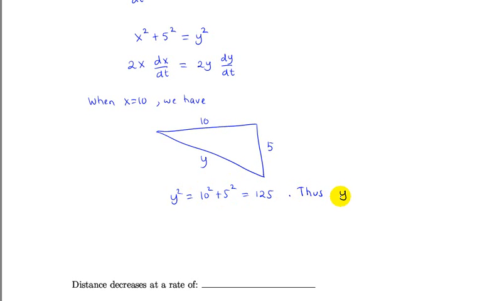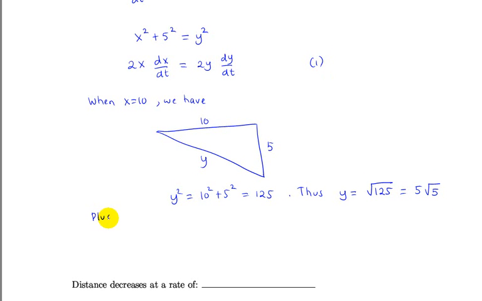Thus, y is equal to the positive solution to this. So square root of 125, which is 5 times square root of 5. Okay, now we have all the information to solve for dy over dt.